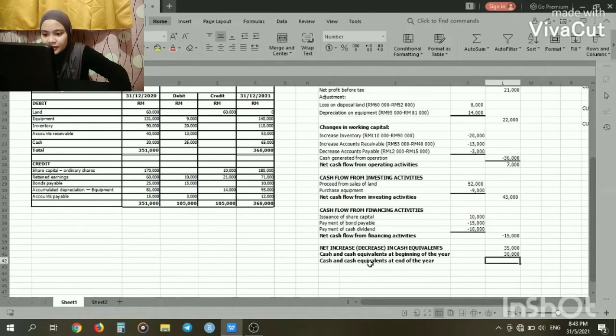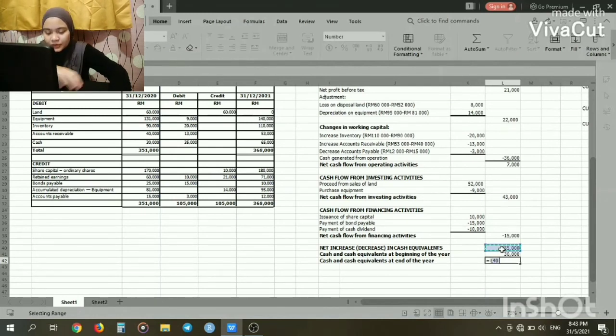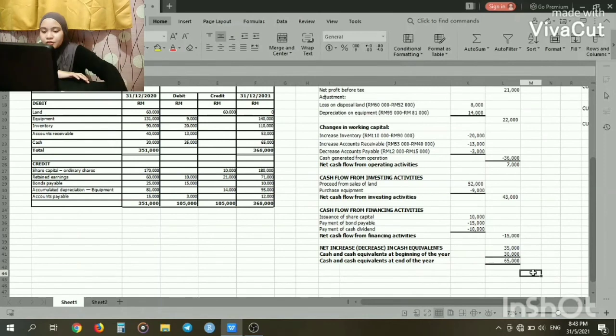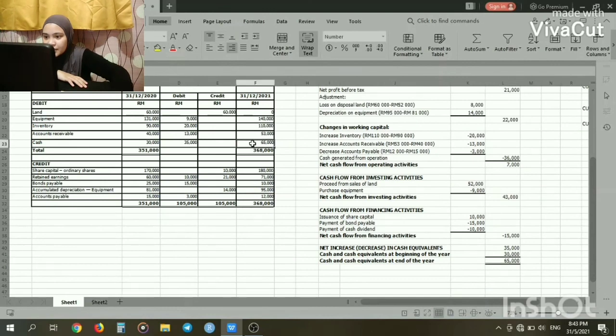And cash and cash equivalents at the end of the year will be the net increase plus the cash equivalents at the beginning of the year. So we can see that the answer is correct, because the cash at the end of the year, 65,000, is the same as the worksheet at the end of the year, 65,000.